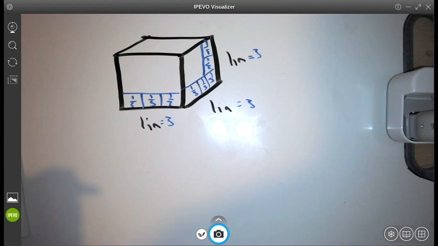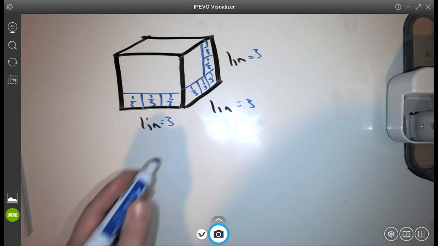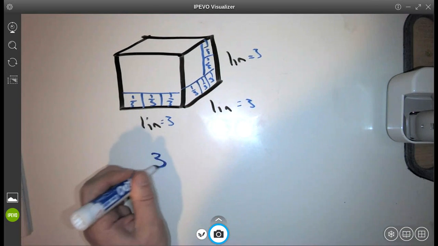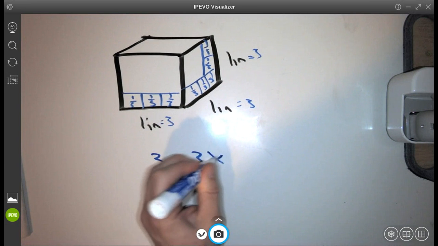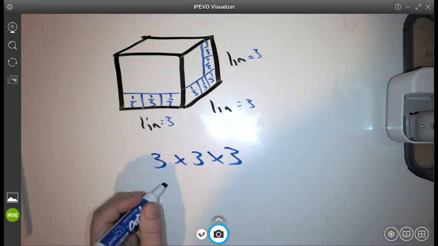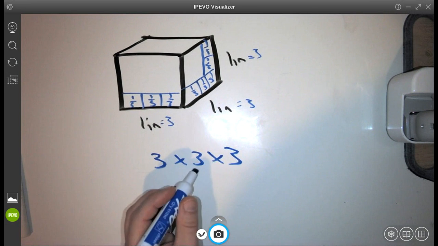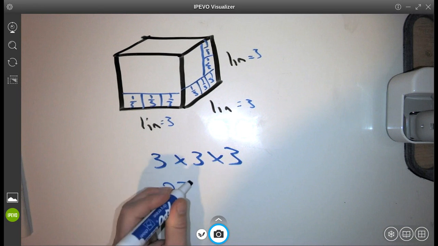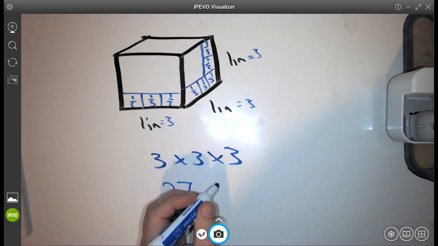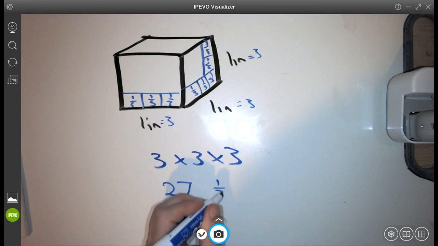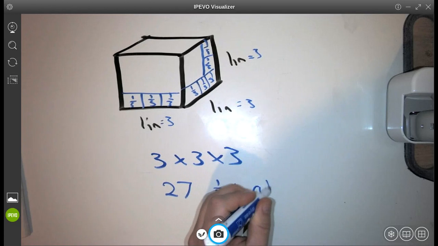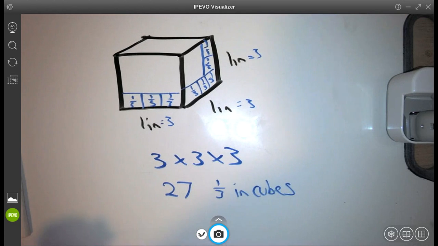The way to find the volume is to multiply length times width times height. So 3 times 3 times 3. 3 times 3 is 9, times another 3 is 27. Okay, 27 1/3 inch cubes can fit into a 1 inch cube.